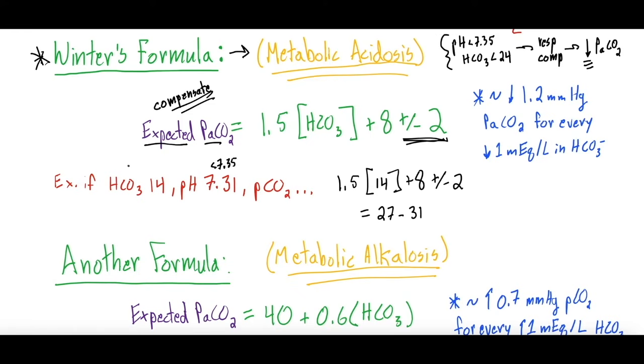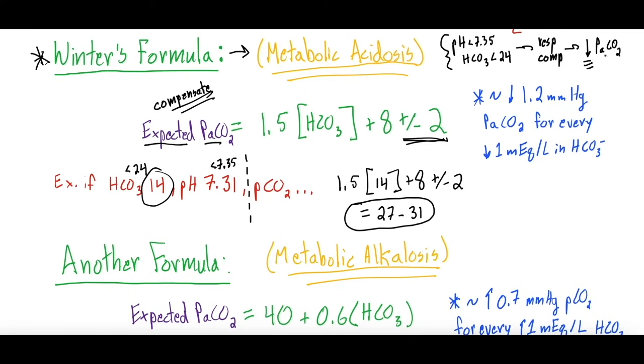Your bicarb is less than 24, meaning it's a metabolic acidosis. So what should your lungs be doing for an appropriate respiratory compensation? Well, 1.5 times the bicarbonate level, which is 14, plus 8, plus or minus 2. So the PCO2, the carbon dioxide level in the blood off that ABG, should be somewhere between 27 and 31 if the lungs are doing the right thing to compensate.